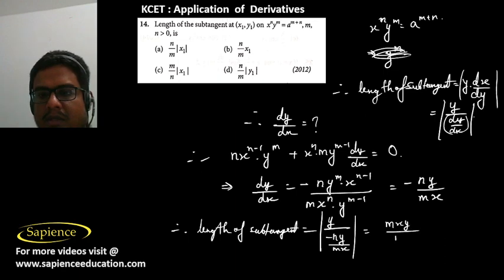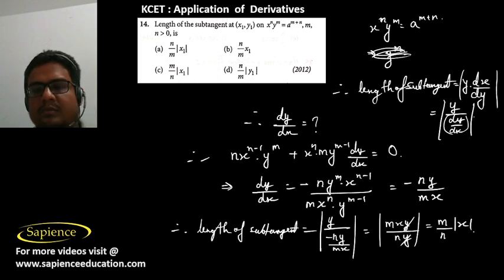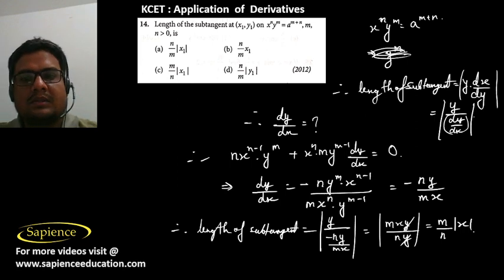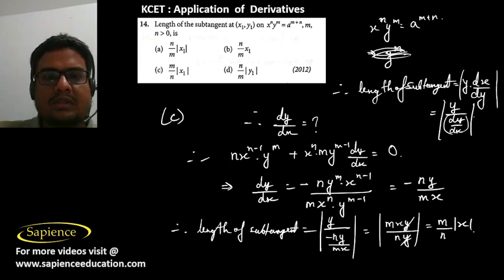So the answer is x by n, and option C is the correct.